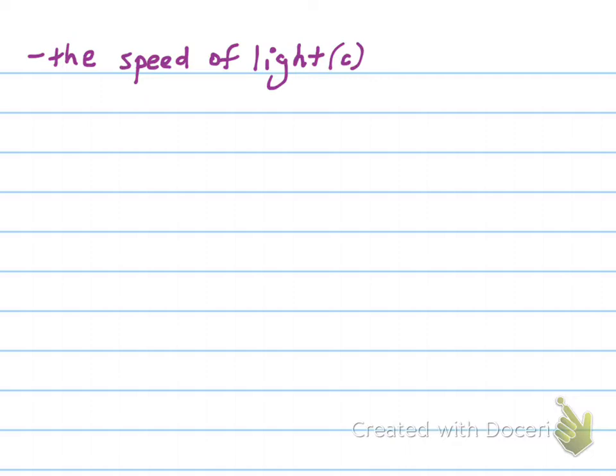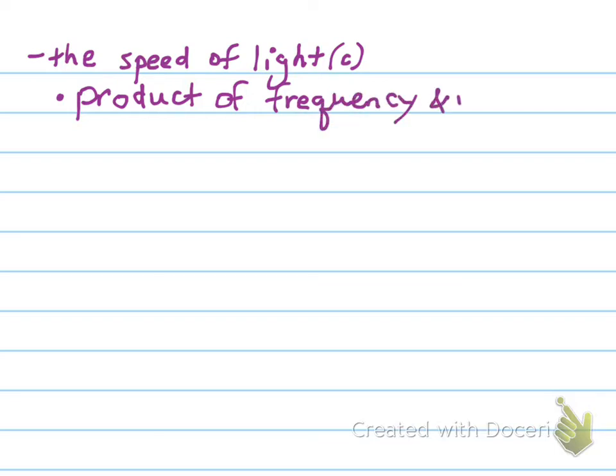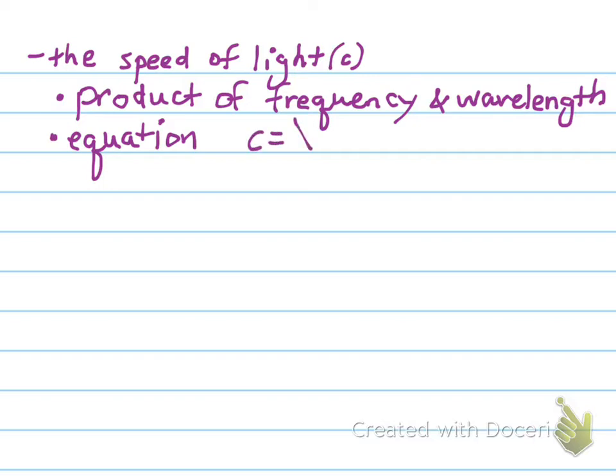The speed of light is the product, which means it's going to be multiplication, of frequency and wavelength. Remember, we saw this equation on our ChemQuest. Our equation for this is that c equals wavelength times frequency.